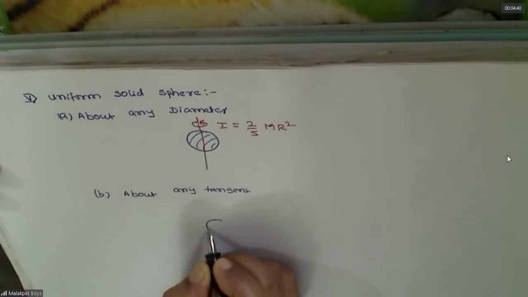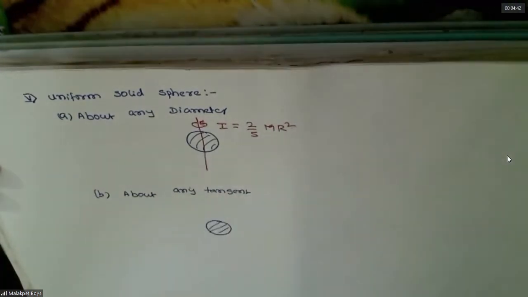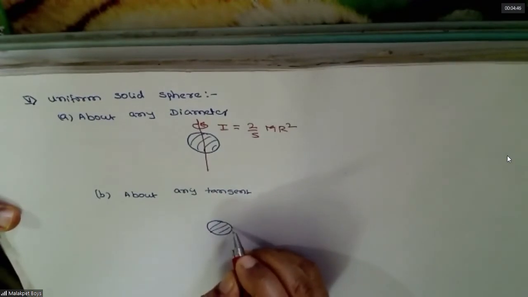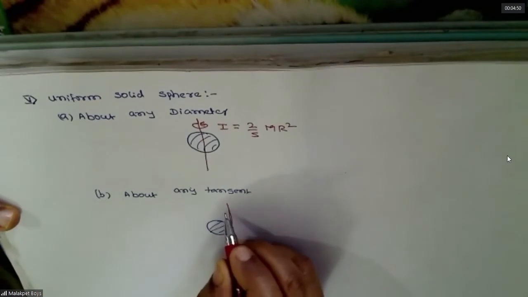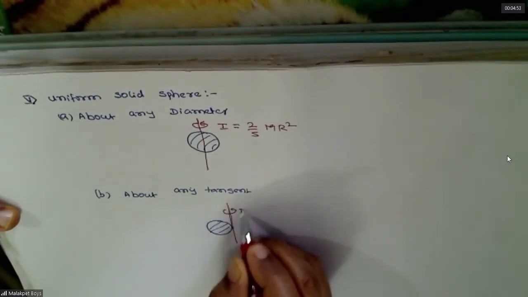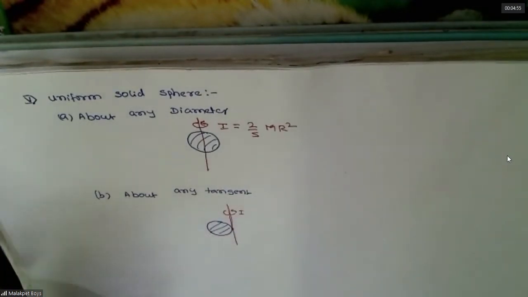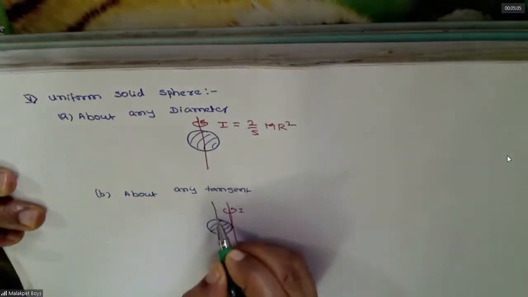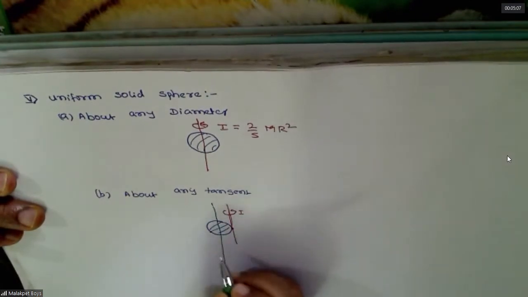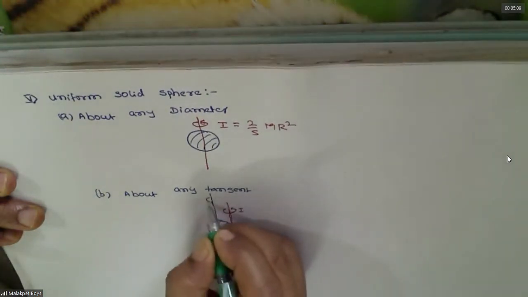Now, suppose we need about a tangent. This is the sphere, and I want to know about this tangent. Already you know about the diameter, 2 by 5 MR square, the axis through the center. This is nothing but ICM only.